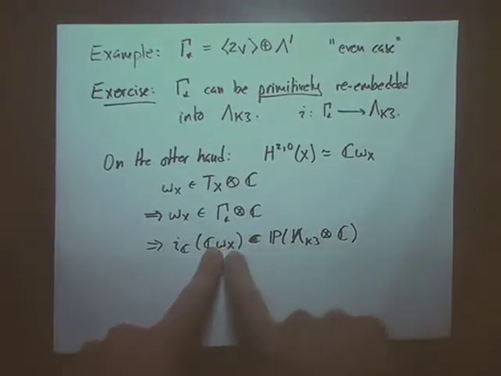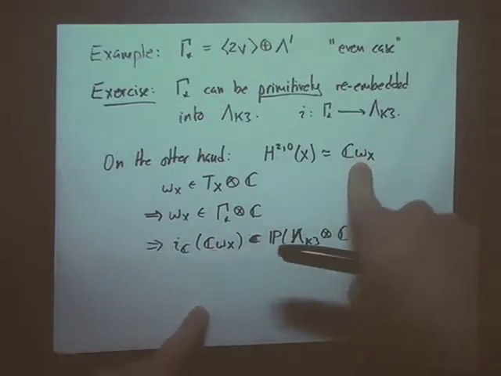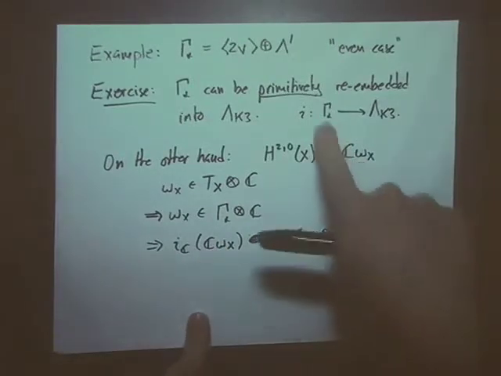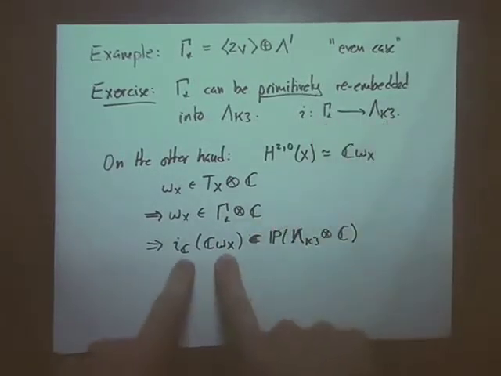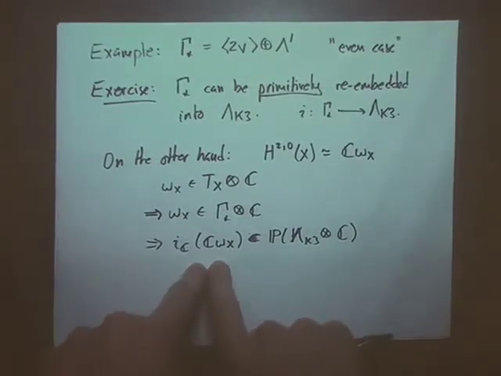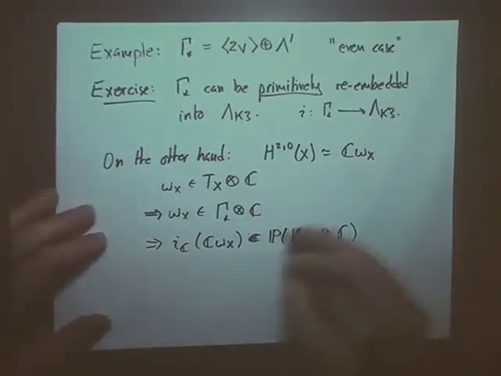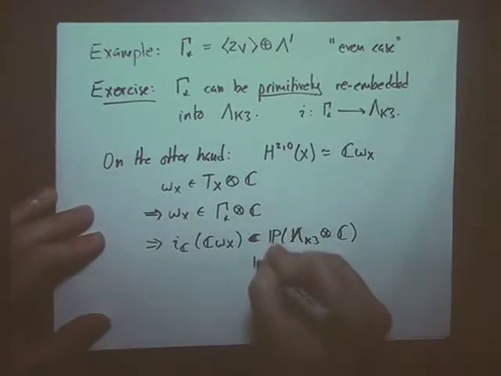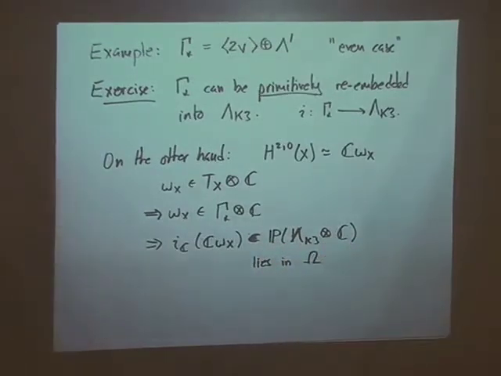I mean, this was the period point of my original K3 surface, and this is an embedding. So once I flush C omega X through I, it'll satisfy the same Hodge-Riemann relations. The square of this thing is going to be 0, and if I pair it with a complex conjugate, I'm going to get something greater than 0. So this actually will lie in the period domain. Okay?